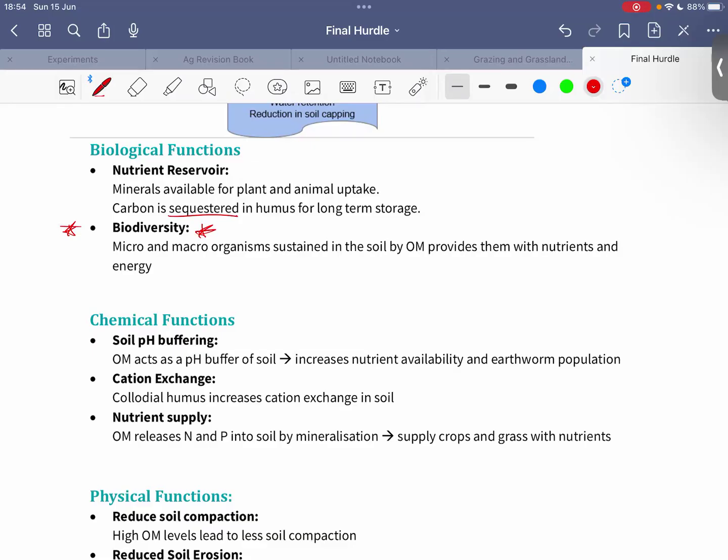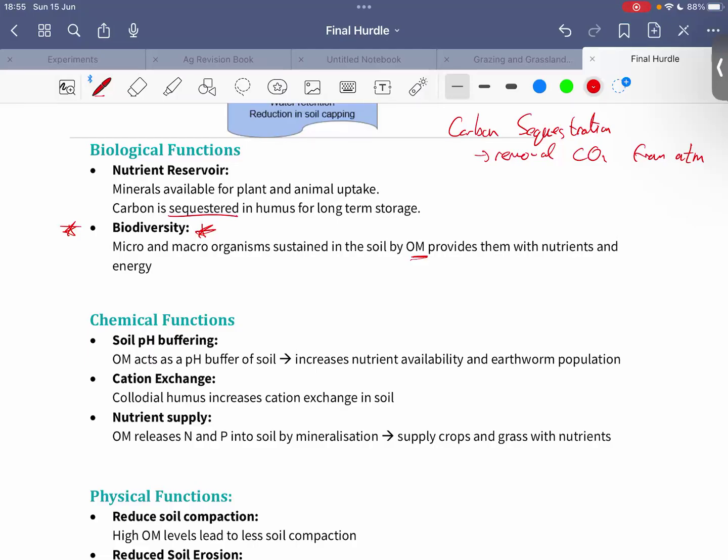What does the word sequestered mean? Carbon sequestration. What if that term comes up tomorrow? Are you going to be scratching your head? Carbon sequestration is the removal of carbon dioxide from the atmosphere. So removal of CO2 from the atmosphere. So micro and macroorganisms sustained in the soil provide organic matter, or organic matter provides them with nutrients and energy.